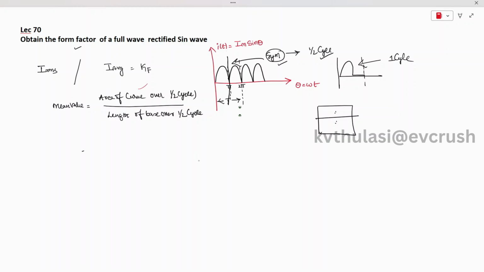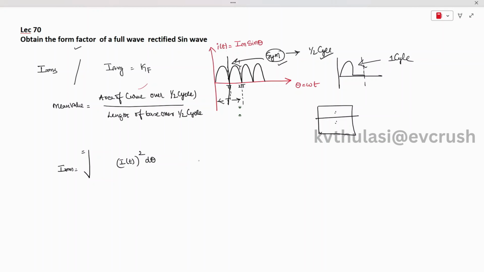Now first let us try to find out the IRMS. Before finding IRMS, first let's try to write down the equation of current. I of t, this is nothing but the square of this value multiplied with d theta.